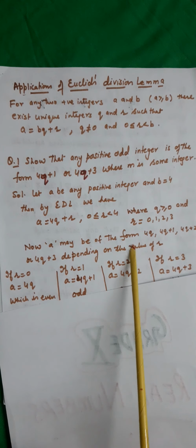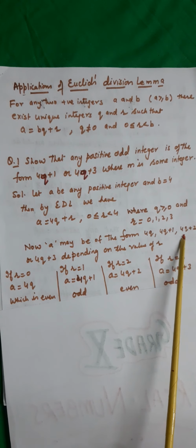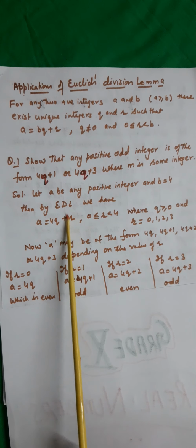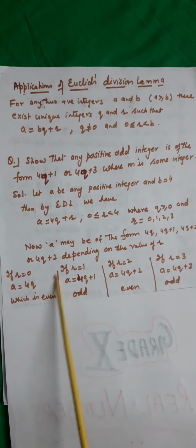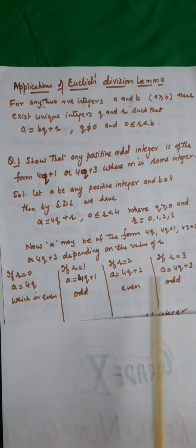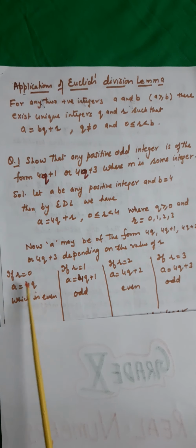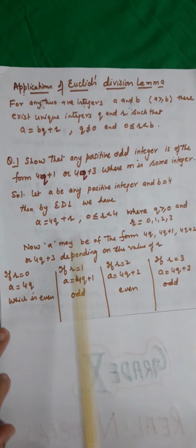Now a may be of the form 4q, 4q plus 1, 4q plus 2 or 4q plus 3. Now let us take all the cases one by one and see which is odd and which is even. If r is equal to 0, a is equal to 4q, which is even.